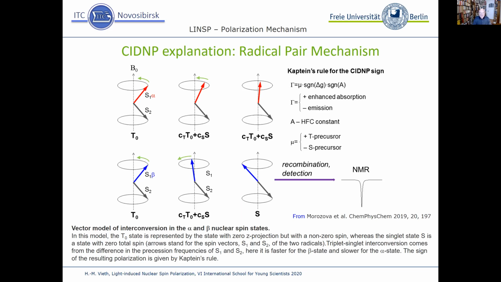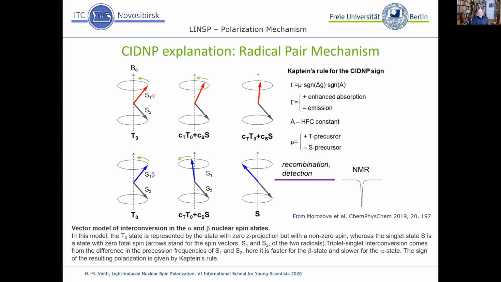And you see the precession frequency is between the initial triplet T0 state, that goes because the two radicals are dephasing, in this precession to the singlet state S. And you see for the blue case, between the left and the right presentation, the blue arrow has turned by 180 degrees, and it's now oppositely showing to the black spin projection of the radical 2 of the pair, and it is in the singlet state of this radical pair system, whereas the red arrow has precessed slower and has not yet reached the singlet state.